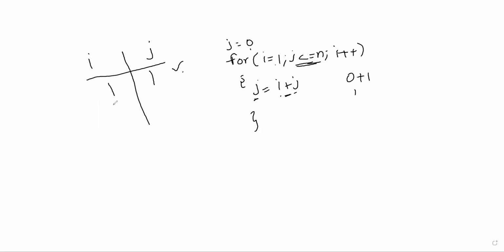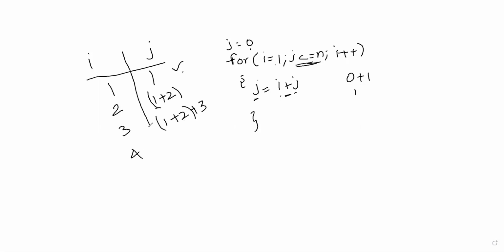The second step, i is 2 and j is 1 plus 2. So when it is 3, it is 1 plus 2 plus 3. I'm just trying to frame the entire thing.